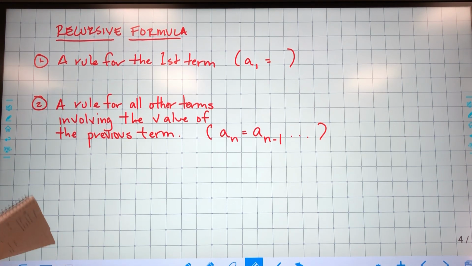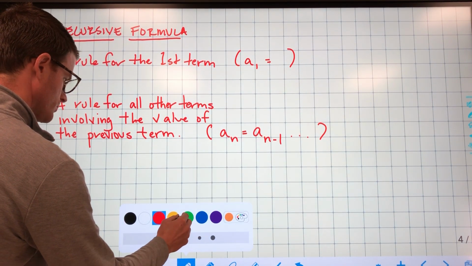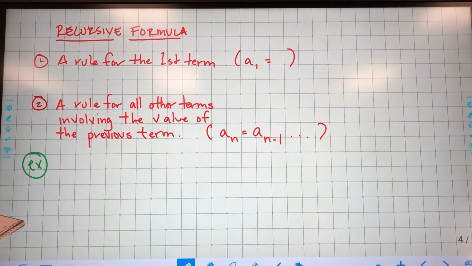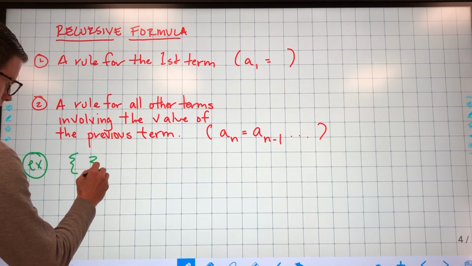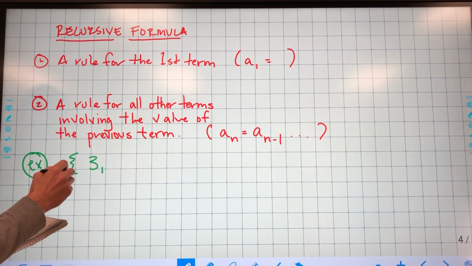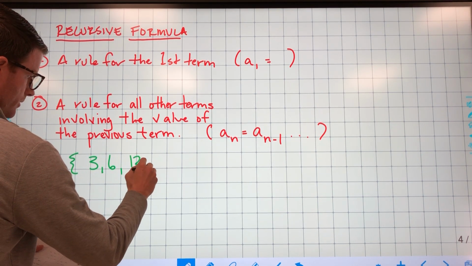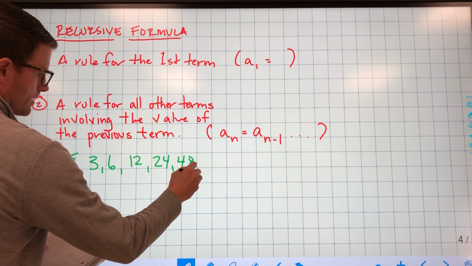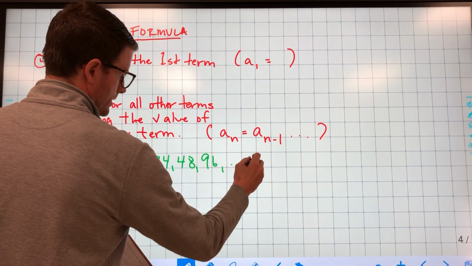All right, so let's do another example. Here's our sequence: 3, 6, 12, 24, 48, 96, dot, dot, dot.